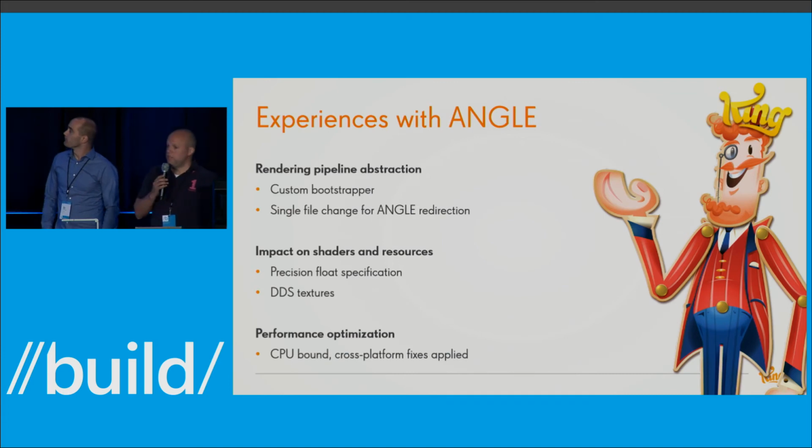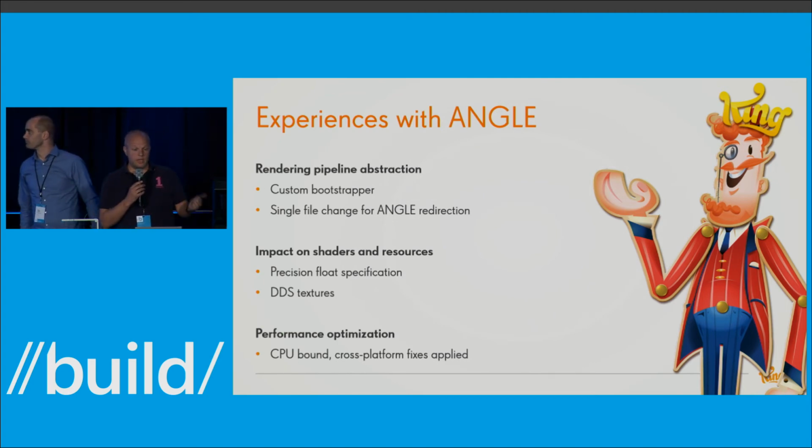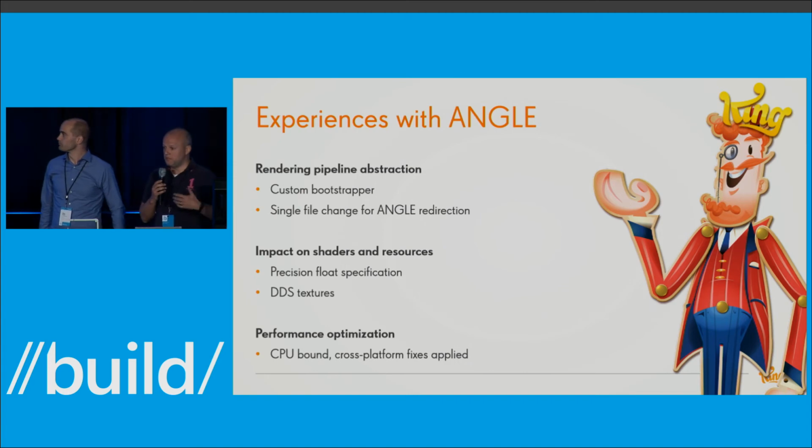The engine that we have been using and the games as well are highly abstracted and have a sophisticated architecture, which also means that the impact of leveraging Angle was not that big for us. For instance, we used the XAML swap chain panel templates just as a starter to get the bootstrapping experience with C++.